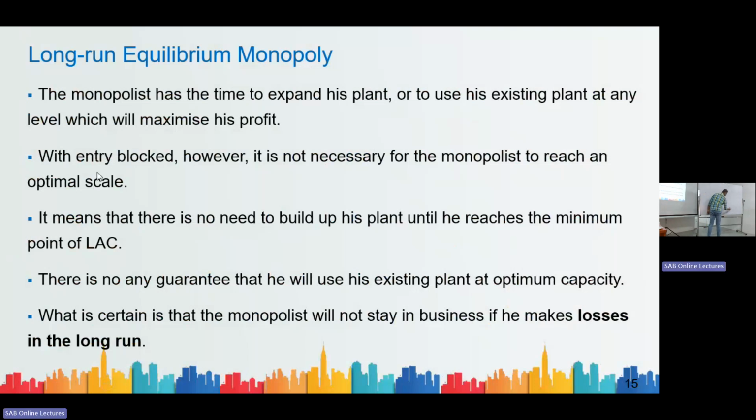Therefore, the firm will not do that. The firm will stop expanding its scale at this level. That is why it's called the optimum scale of production, where the long run average cost is the minimum.